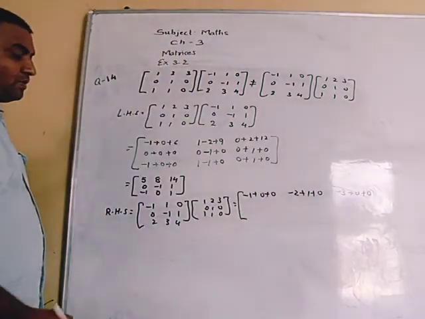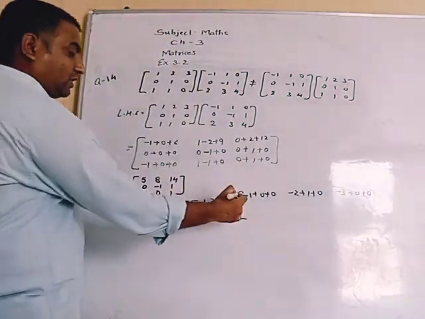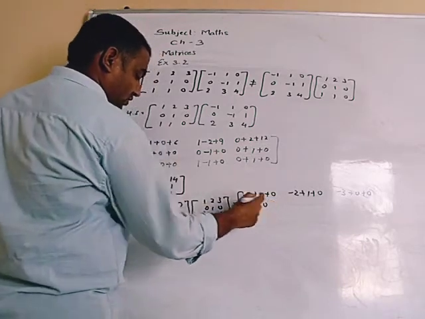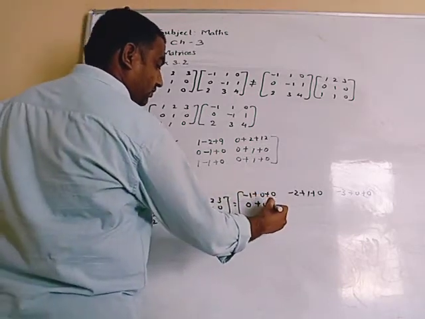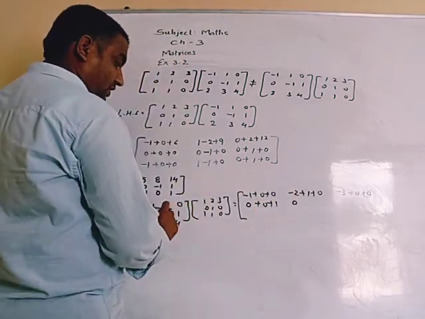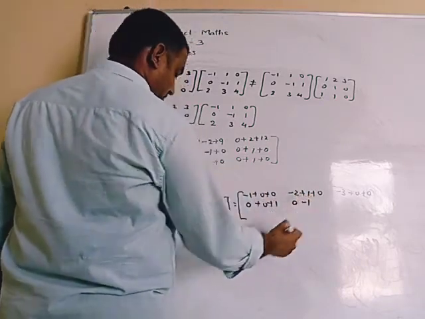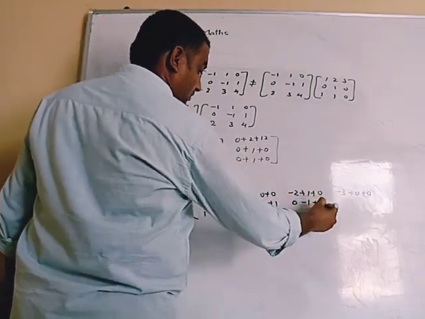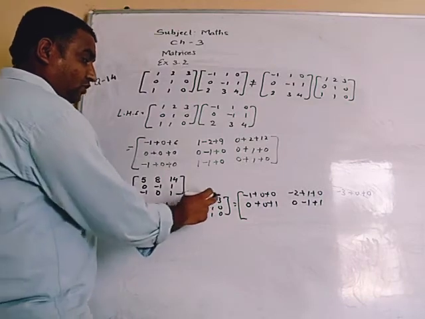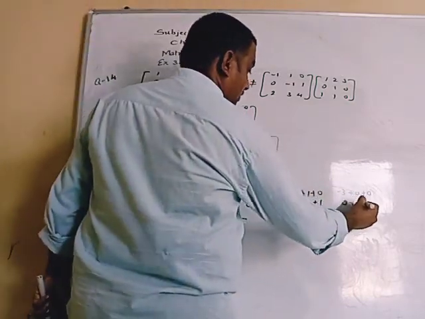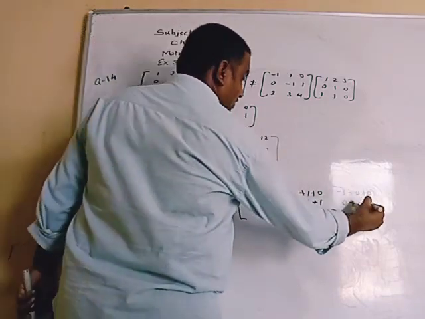Now the second row we multiply: 0 into 1 is 0, minus 1 into 0 is 0, 1 into 1 is 1, 0 into 2 is 0, minus 1 into 1 is minus 1, 1 into 1 is 1, 0 into 3 is 0, minus 1 into 0 is 0, 1 into 0 is 0.